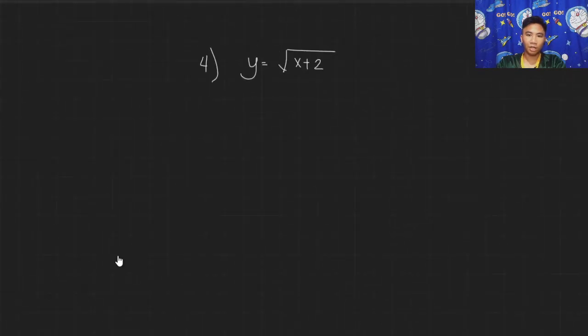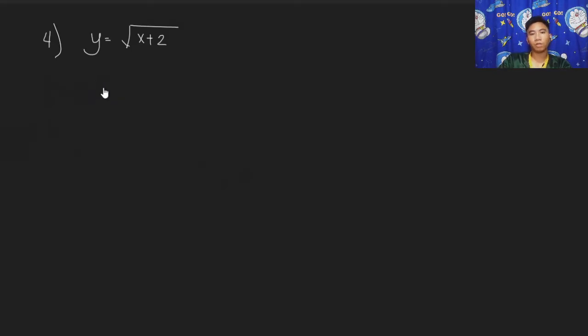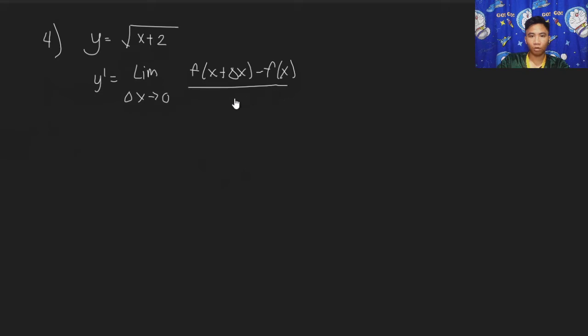So, next number again. What if it is a radical? So, again, just write our formula. Our example is y equals square root of x plus 2. Y prime is equal to the limit as delta x approaches 0 of f of x plus delta x minus f of x all over delta x.